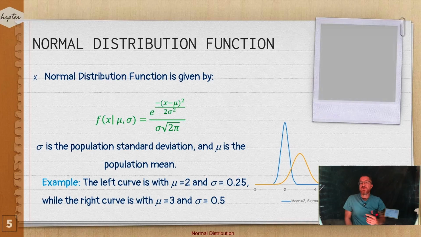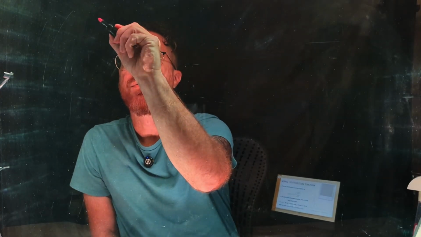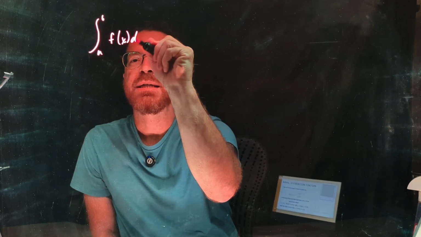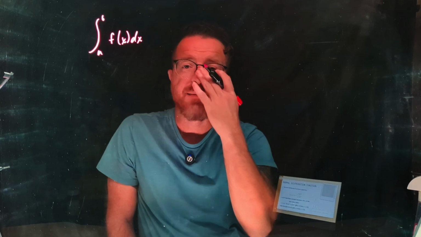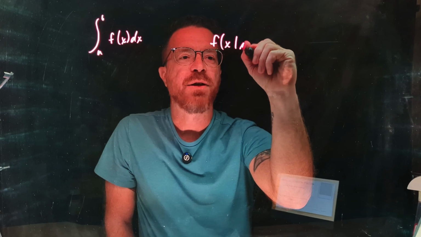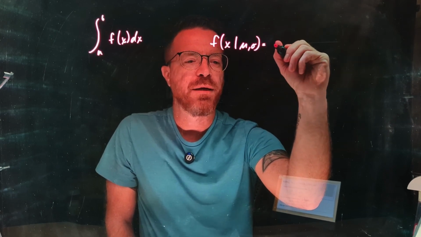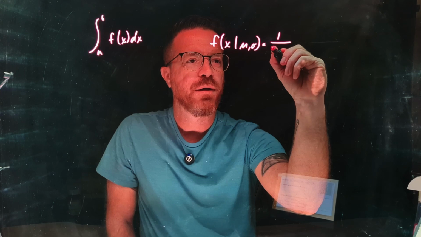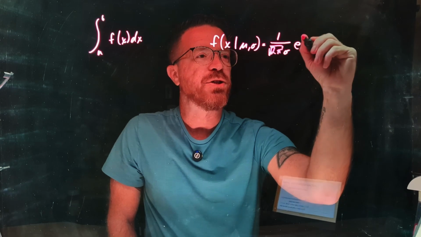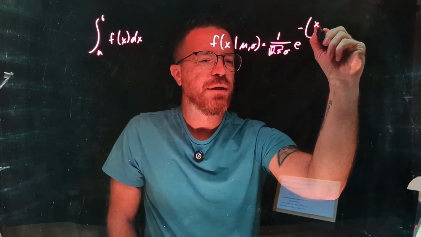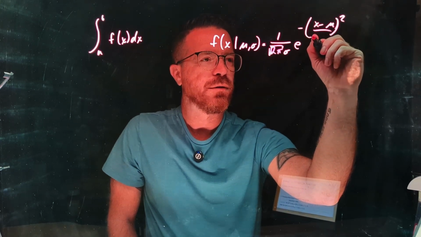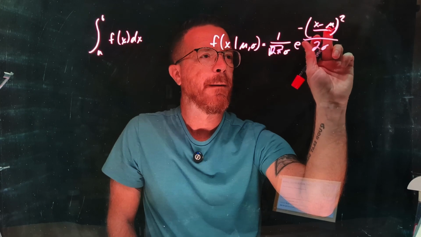When I showed you how you actually find probabilities using integration for a continuous probability distribution, let's say you're going from A to B, f of x dx. Well, what is this function that describes our Gaussian curve? Well, our f of x, based on some mu and sigma, is just going to be 1 over the square root of 2 pi sigma, times the exponential of negative (x minus mu) squared over 2 sigma squared.